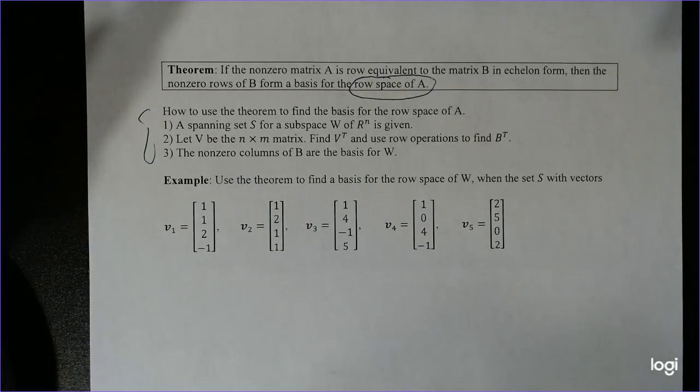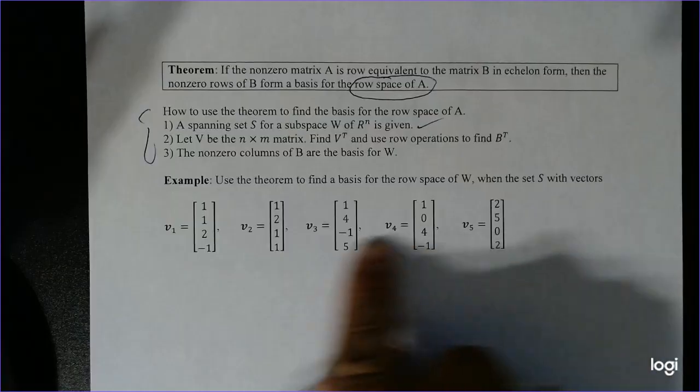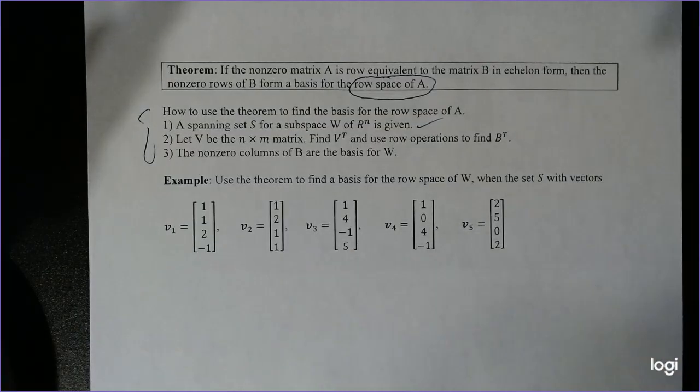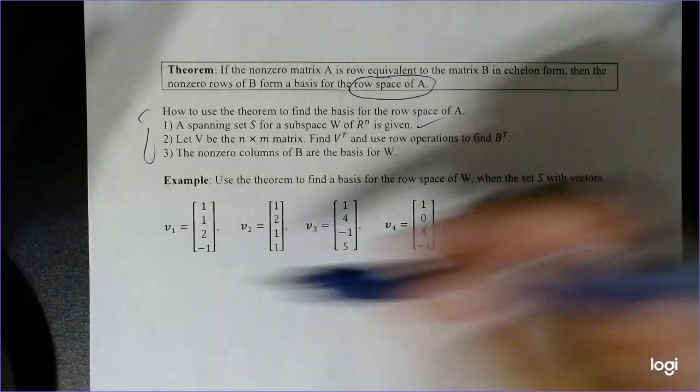So how to use this theorem to find the basis of the row space? It's done in about 3 steps. First, a spanning set S for a subspace W of Rn will be given to us. That's always going to be given to us, like it is here. Now we'll go to number 2. Let V be the matrix associated with these vectors.